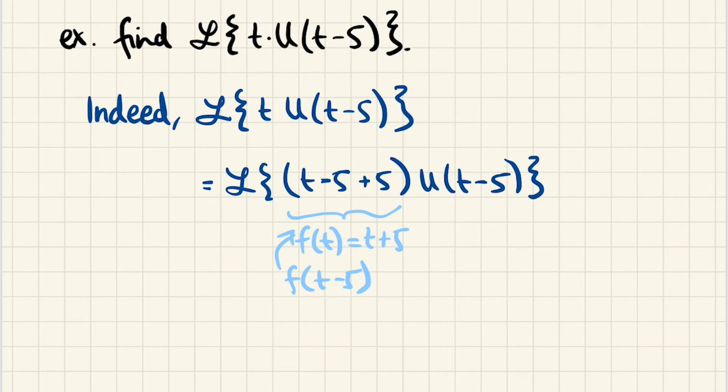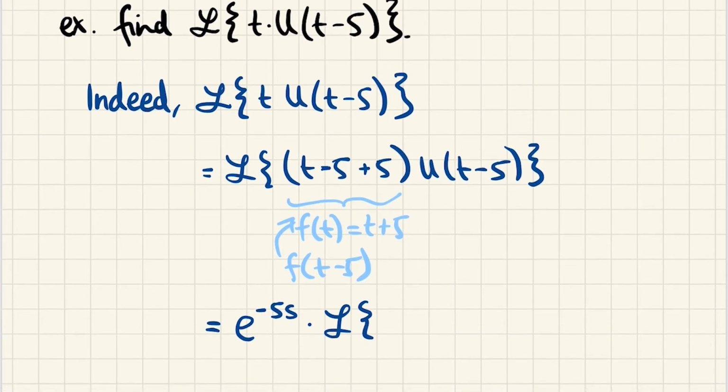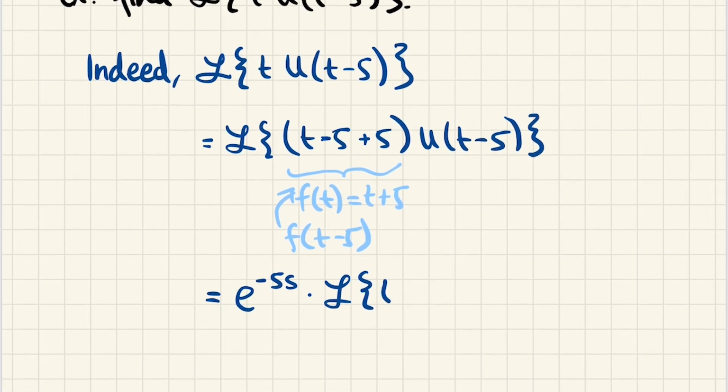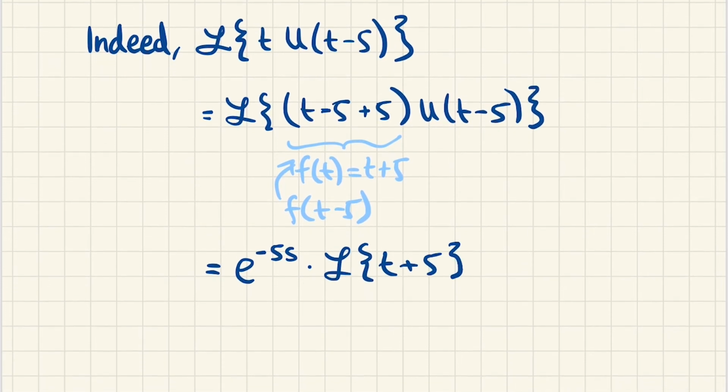And that's great because that offset matches the offset of the unit step function. So we can use the second translation theorem, which means that this is equal to e to the negative a, and here a is 5, so e to the negative 5s multiplied by the Laplace transform of what would be our f of t, so that's t plus 5.